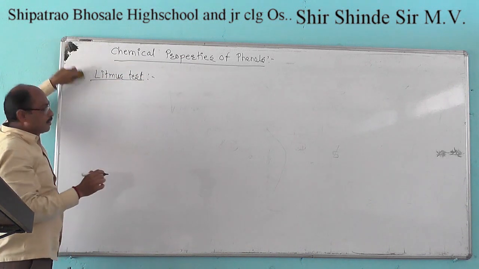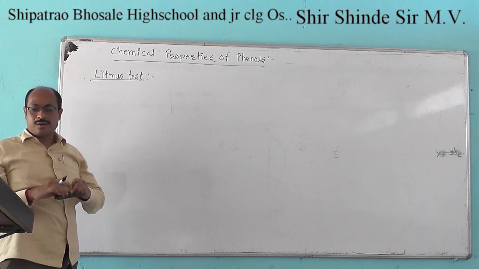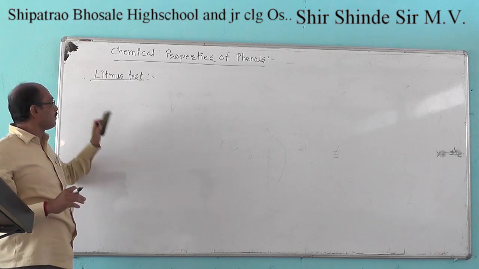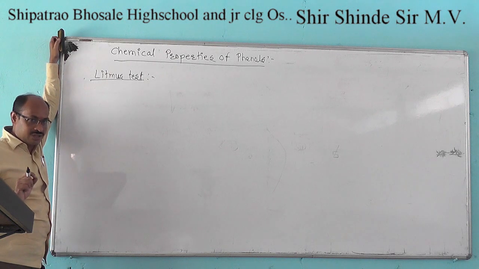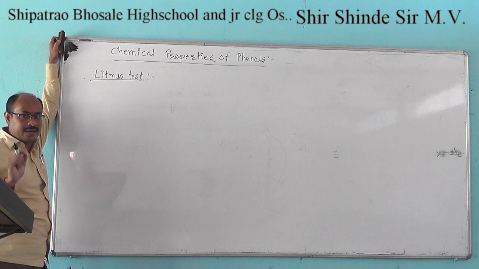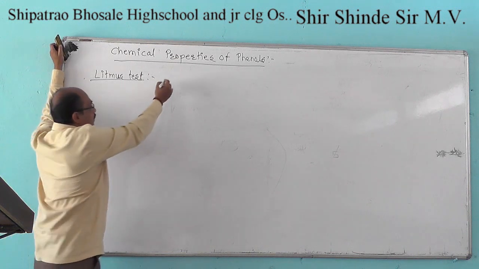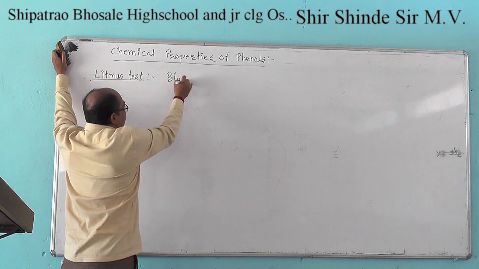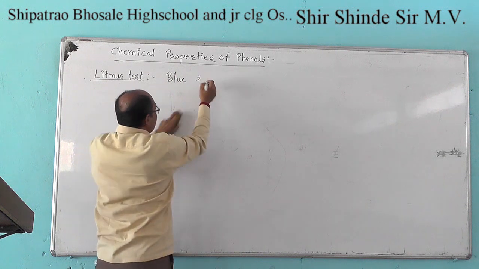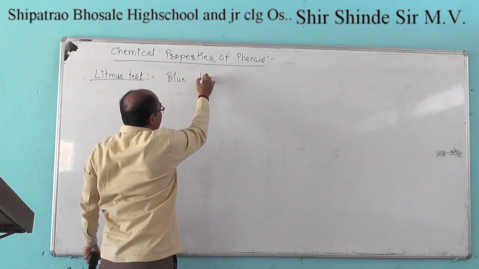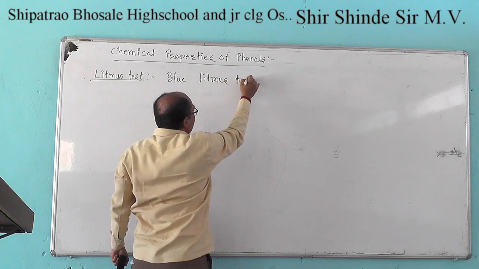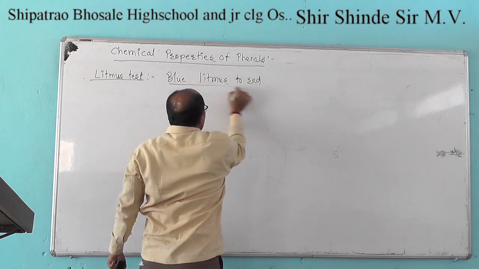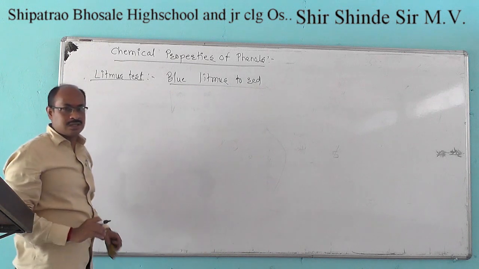When we observe the water soluble phenols, they show the litmus paper test. They change blue litmus to red. It confirms the acidic character of phenol. Alcohols do not show this test.